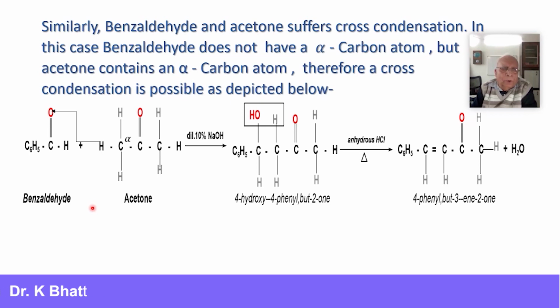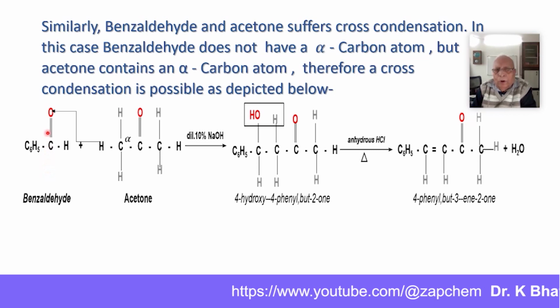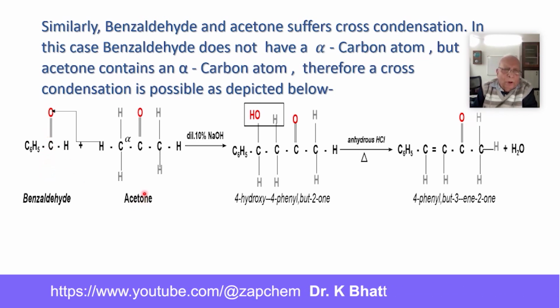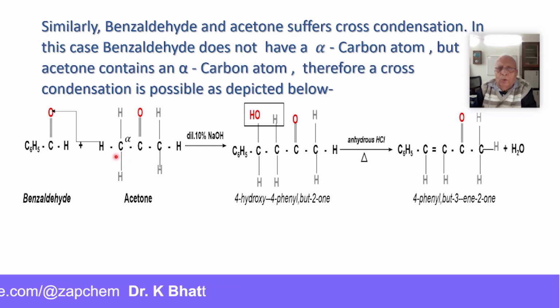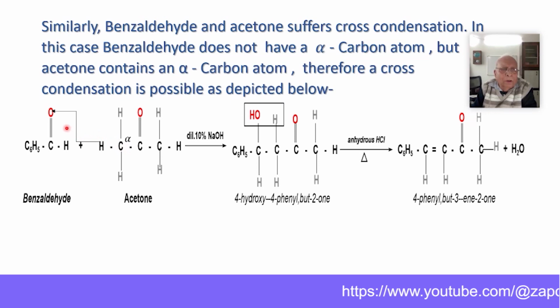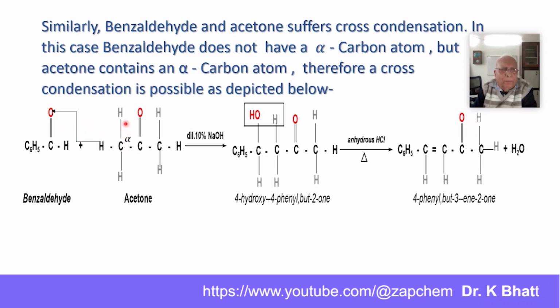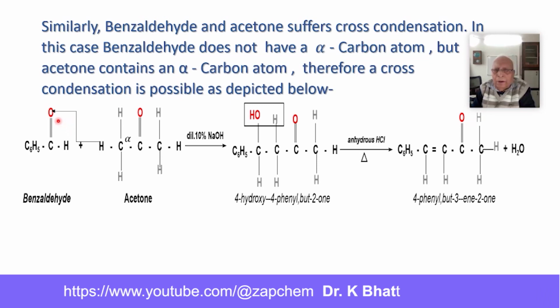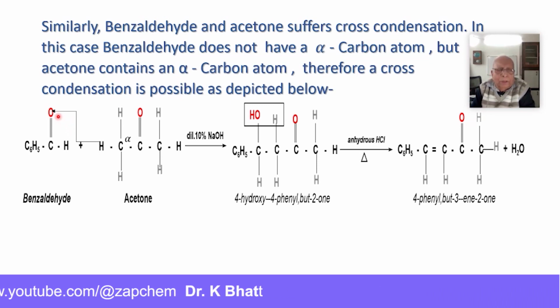Now, if we observe here, you will find that benzaldehyde, C6H5CHO, does not contain any alpha hydrogen atom, but it has a carbonyl group, and the ketone, of course, has a carbonyl group with two alpha hydrogen atoms on both sides of the carbonyl group, and therefore the ketone contains a hydrogen atom which is attached with the carbonyl oxygen atom of benzaldehyde.